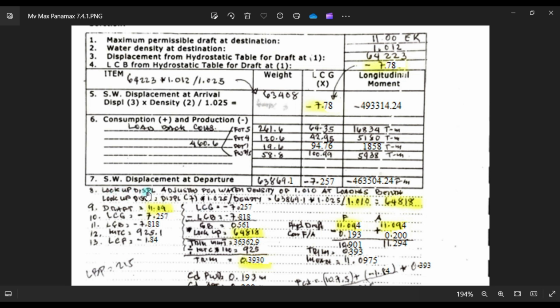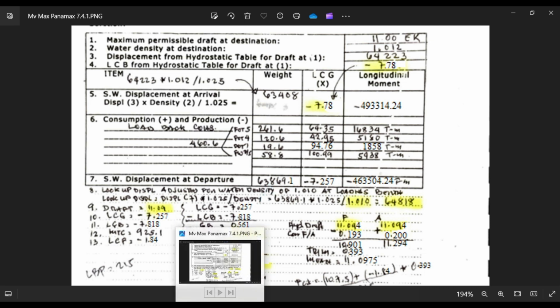So the next, number 8, what will be the displacement of the departure in Australia? So we will check the displacement if we have the density 1.010. The formula is the displacement. This is the displacement here.